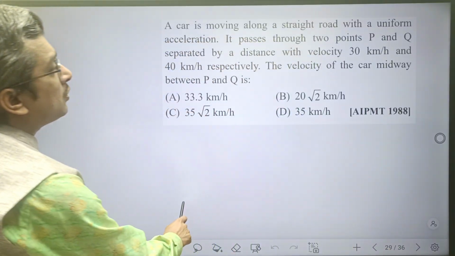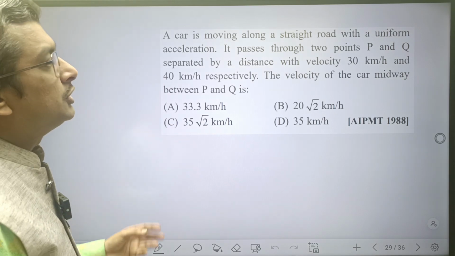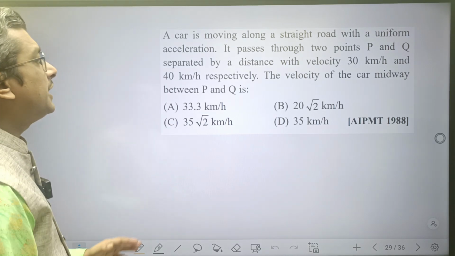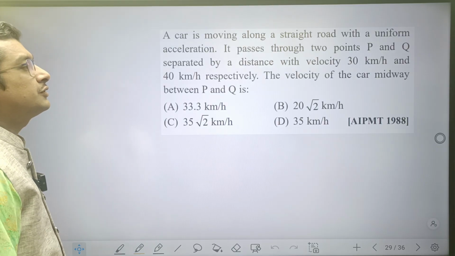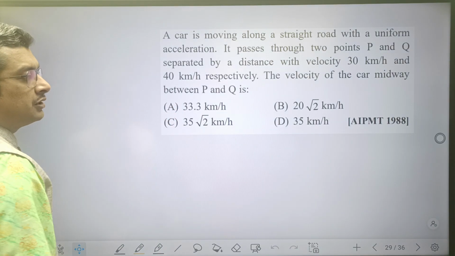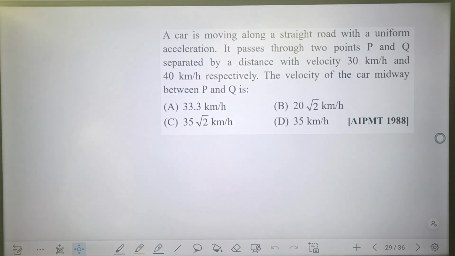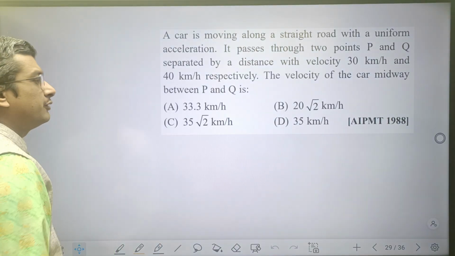Then, a car is moving along a straight road with a uniform acceleration. It passes through 2 points P and Q separated by a distance with velocity 30 km per hour and 40 km per hour. The velocity of the car midway between P and Q is?